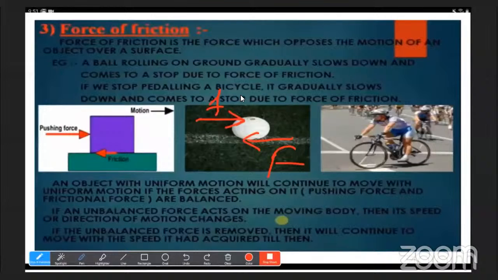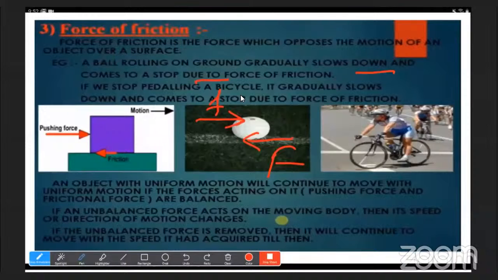So you can observe the examples here. So a ball rolling on the ground gradually slows down and comes to a stop due to force of friction. Right? So when we kick the ball, it will move from one place to another place. After certain intervals of time, the ball comes to a stop because here force of friction acts over the surface of the ball.